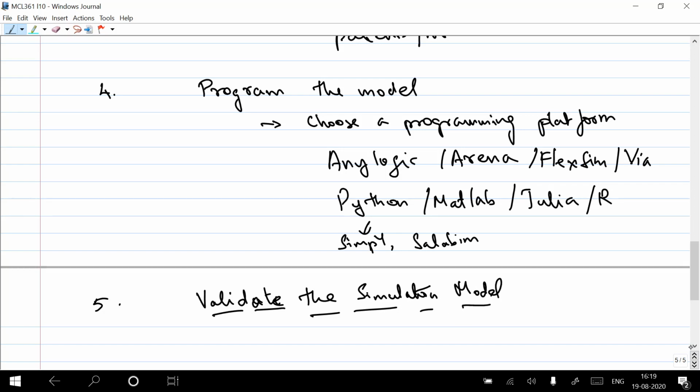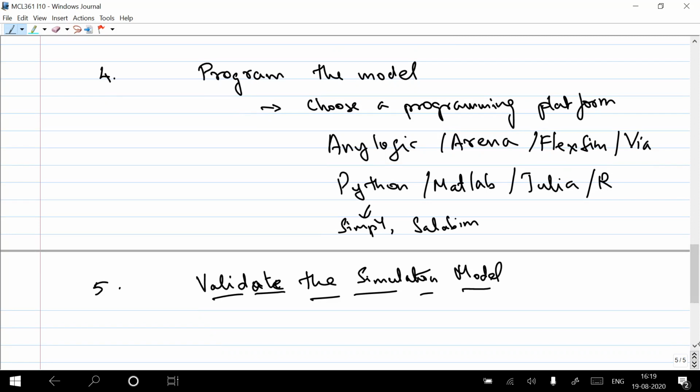Okay, so as I said, the best way is you actually collect data for the outcomes of interest, and you compare the actual observed data for the outcomes of interest to the simulation outputs, right? So let's say from the simulation you observe average waiting time for a patient. So let's say you have waiting time from the simulation that you compare with wait time from the actual observed data, right?